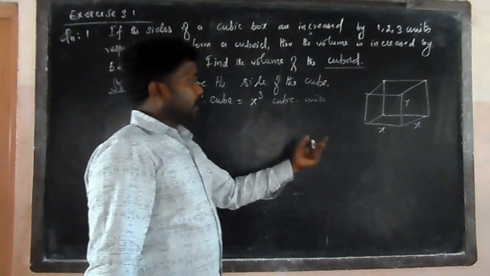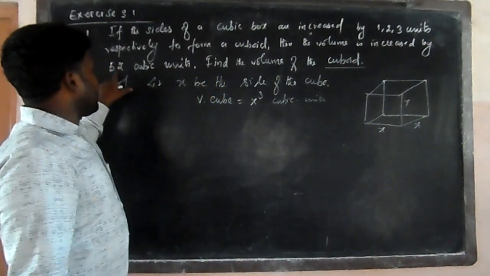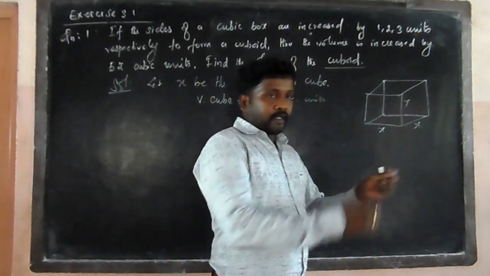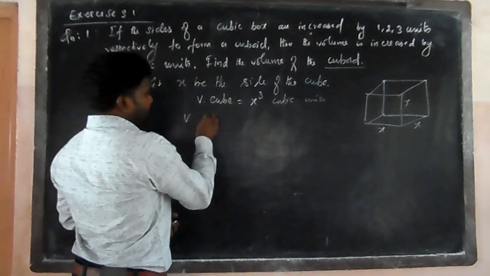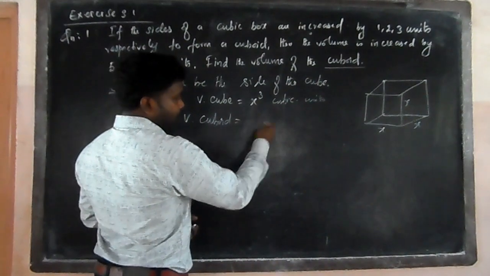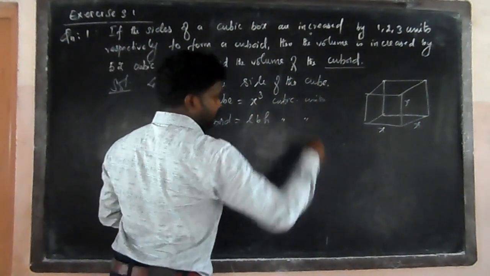Now I am increasing the sides, and the volume is increased by 52 cubic units. Increasing all these sides, I will get a cuboid. The volume of the cuboid is L into B into H, cubic units.